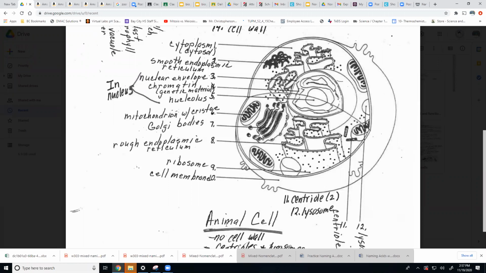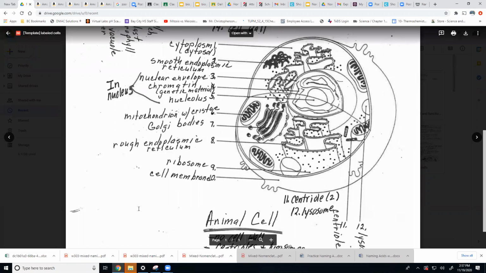And same thing down here at the bottom, 11 and 12, I wrote this way. They're the same thing as the 11 and 12 that are written sideways.